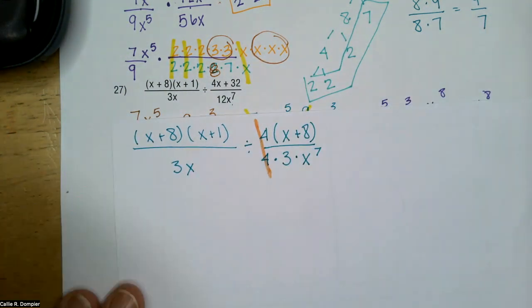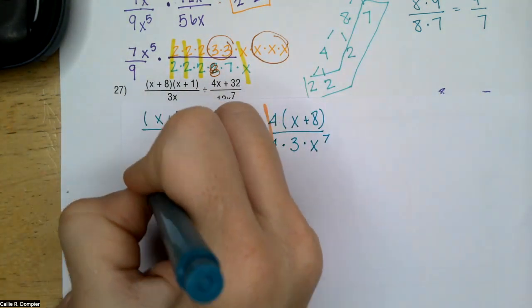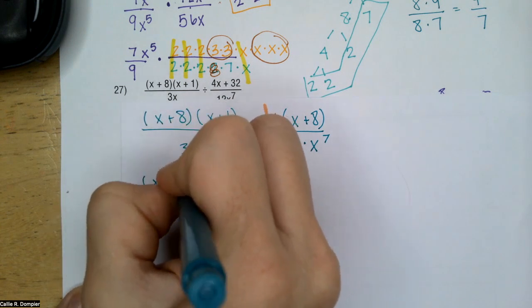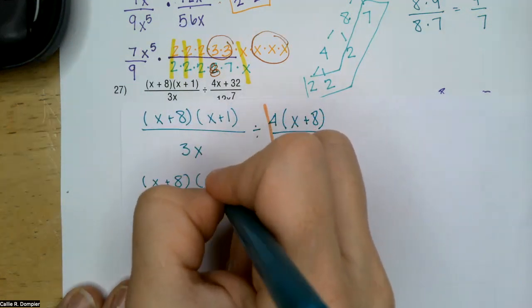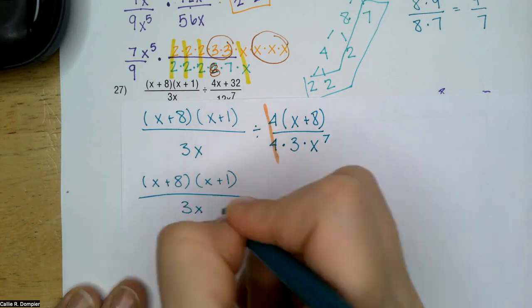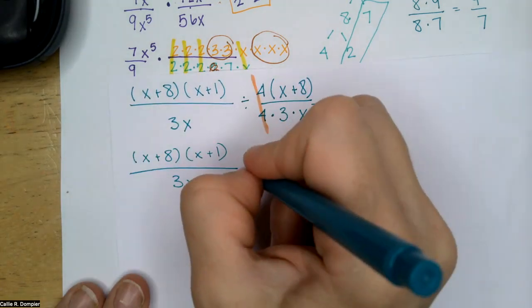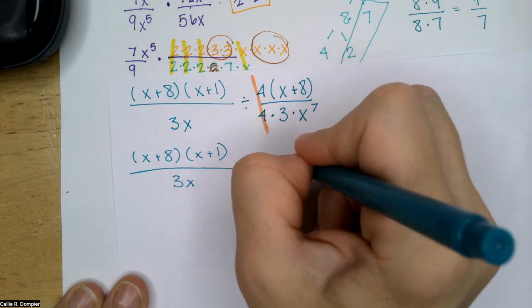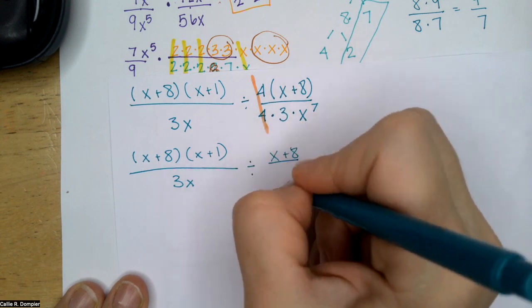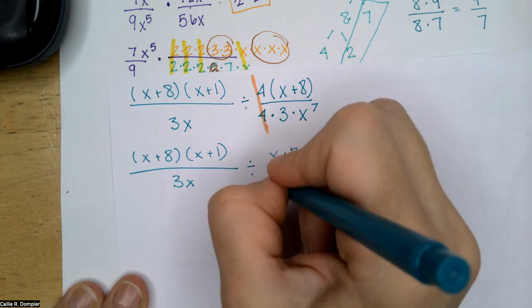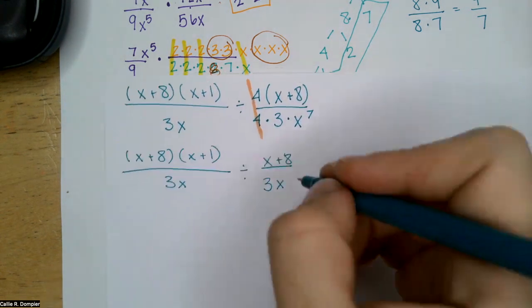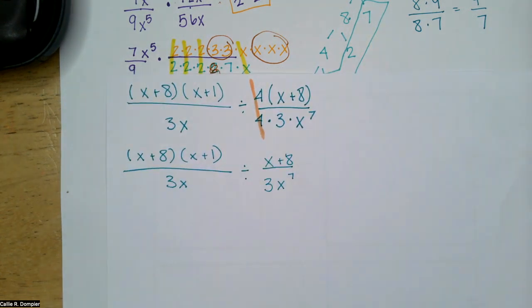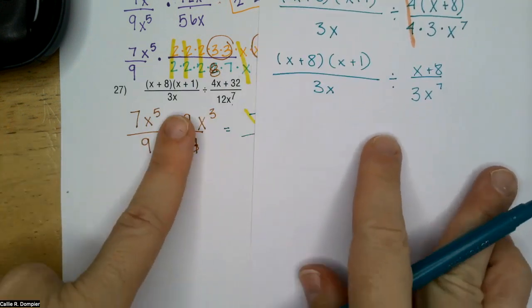So that I can simplify it. So now nothing changed over here, x plus 8 times x plus 1 divided by 3x. Here we have x plus 8 over 3x to the 7th. That looks easier, right? That's easier than that.